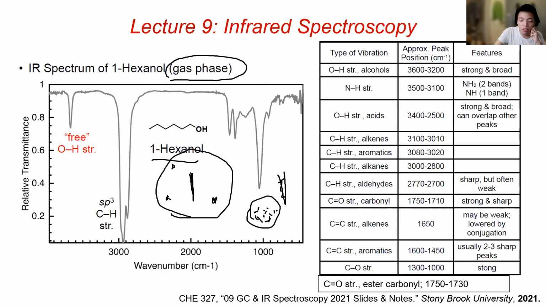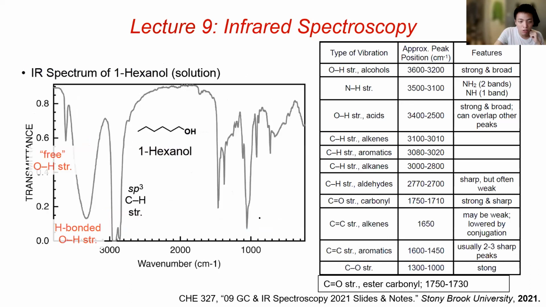But for liquid phase, they are close to one another, so they are constantly dissociating the hydrogen bonds. That's why the OH stretch is broader, because it can also interact with other OH. That's why it's really broad. In gas phase, we don't have to worry about this.